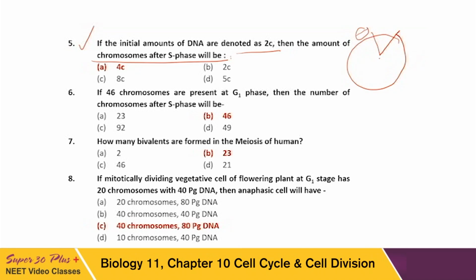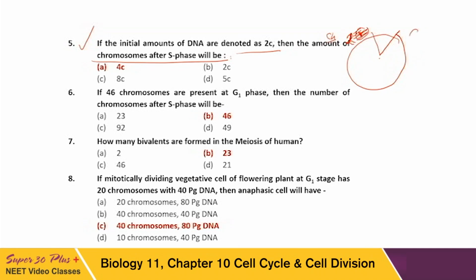The cell is having this chromosome. The chromosome is represented by two chromatids. One chromatid is this, one chromatid. How many chromosomes do we have? The cell is having how many chromosomes? We have two chromosomes, and each is with two chromatids.